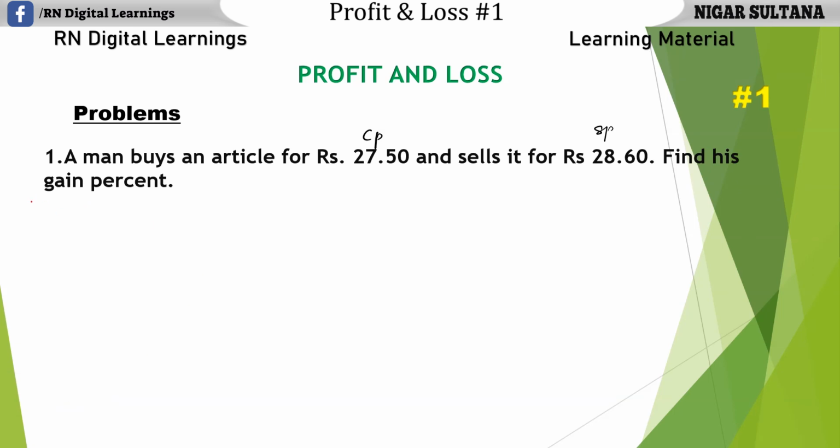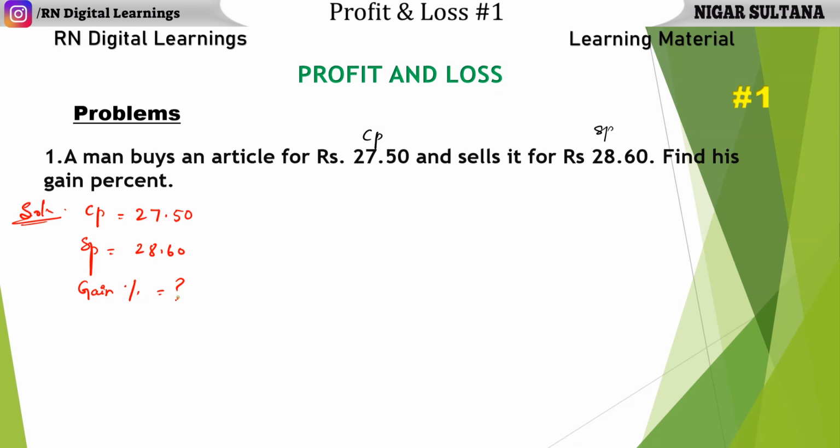So now what is the solution? First write down the data given. Cost price is 27.50. Selling price is 28.60. What are they asking us to find out? The gain percentage.